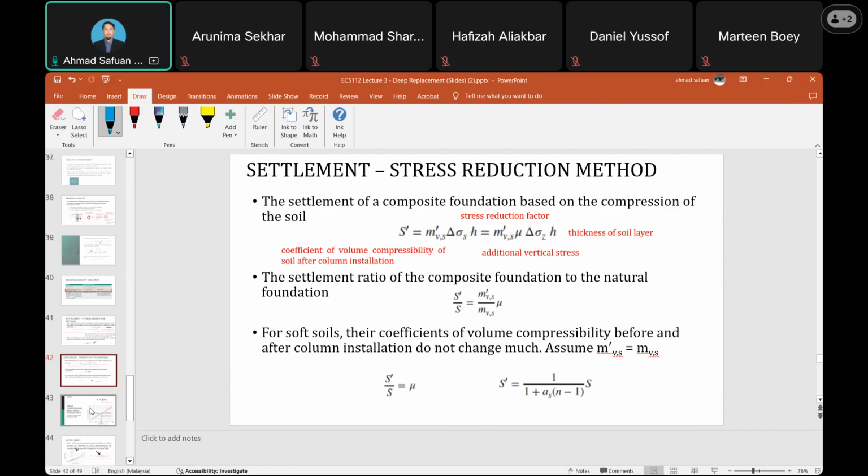Then we start to estimate the settlement due to the composite foundation, based on the compression of the soil.